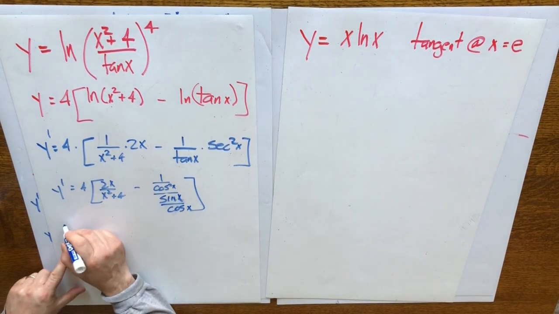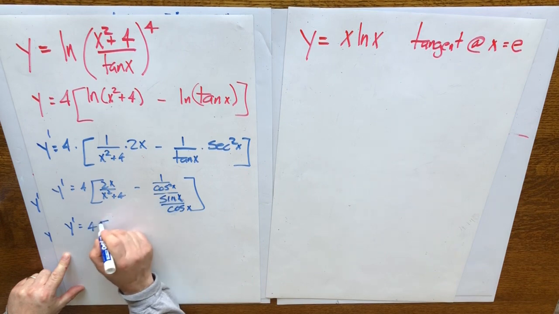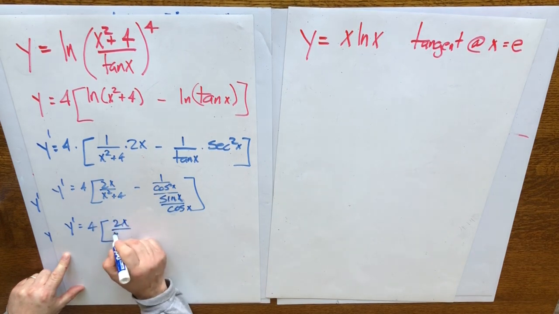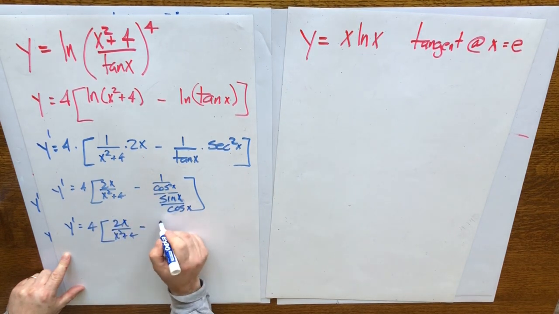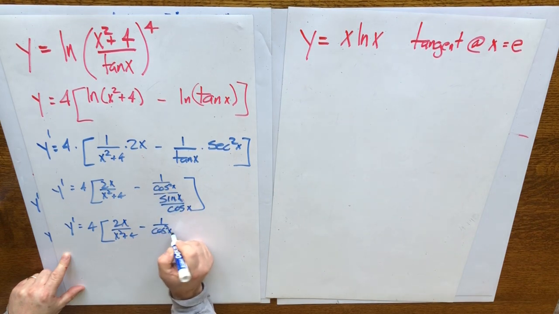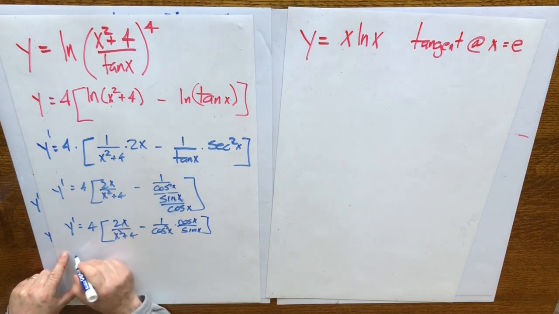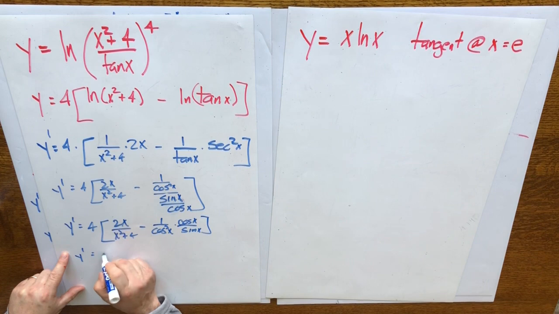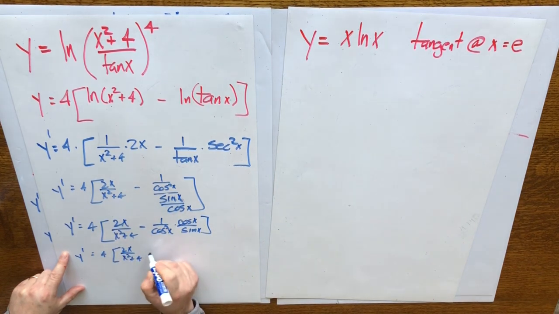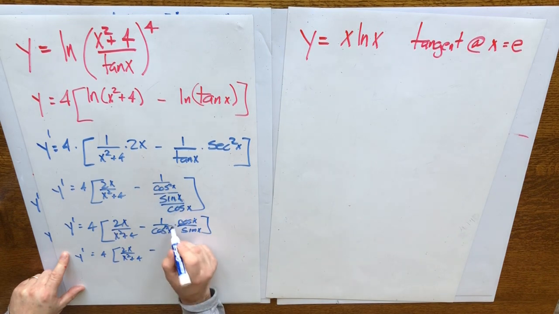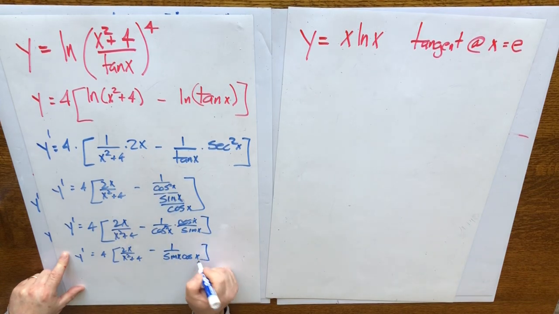So in that case, we'll multiply by the reciprocal: 1 over cos squared x times cos x over sine x. You get y prime equals 4 times 2x over x squared plus 4 minus, canceling this cosine like that, 1 over sine x cos x.